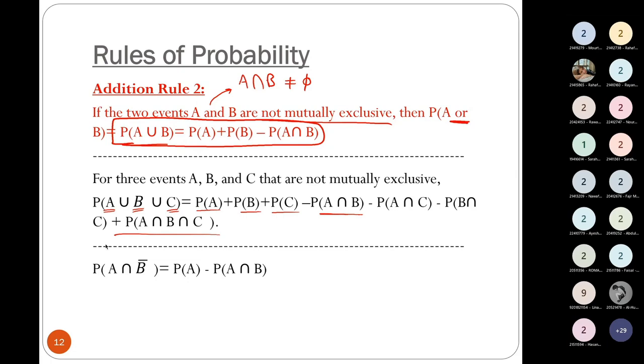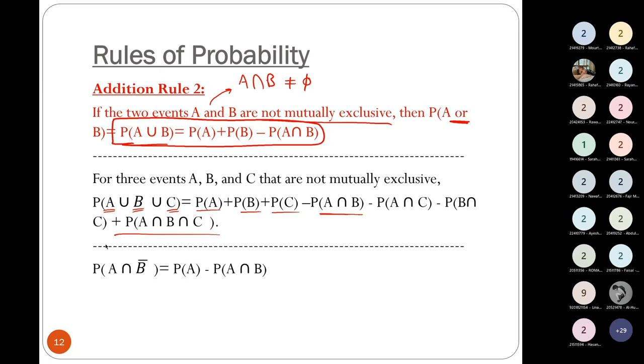So again, probability of A, probability of B, probability of C, minus the intersections of 2 events, A with B, A with C, B with C. But the last term is plus the intersection of all events.